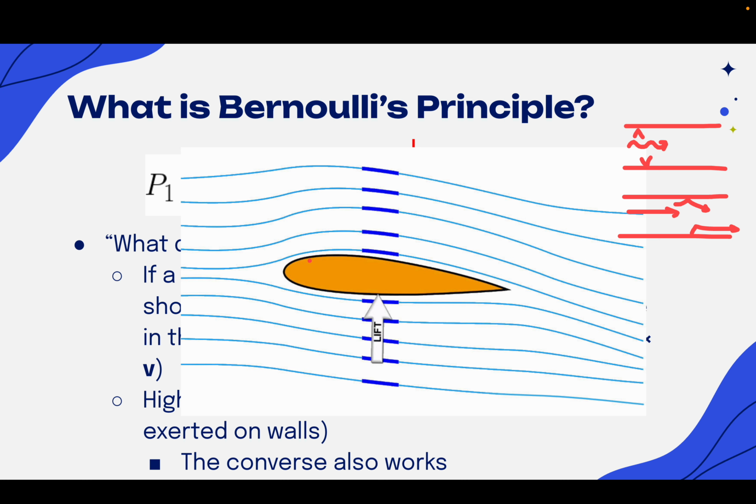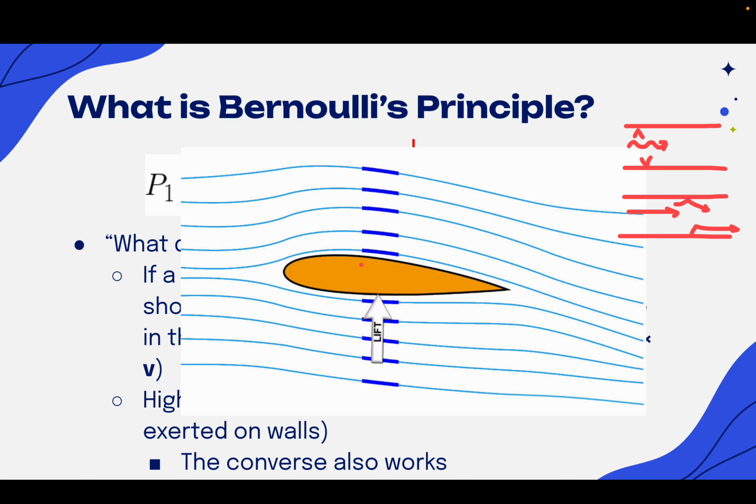This will cause fewer particles on the upper side, which will create a lower pressure on the top, which will again cause the velocity of the air particles to become faster here, because of Bernoulli's principle.